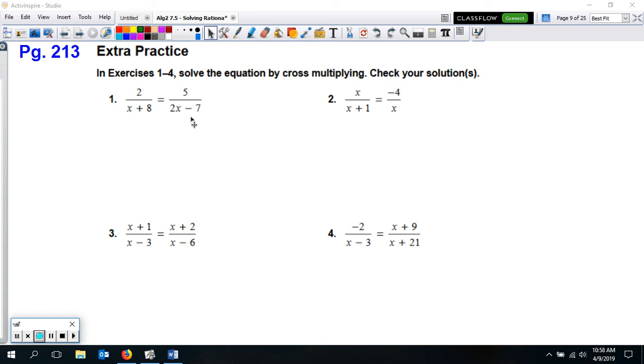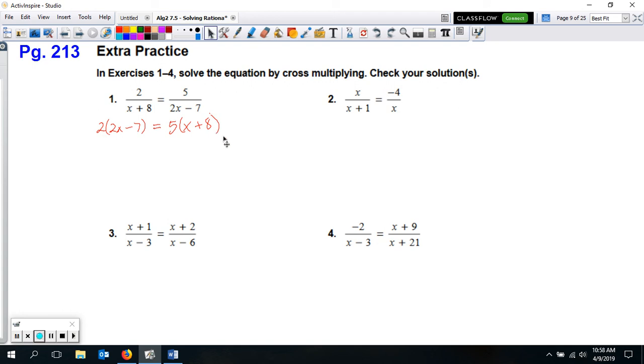Whenever we find a proportion, we want to just cross-multiply. So that means we multiply the 5 times this x plus 8, and the 2 times this 2x minus 7. On one side of the equal sign, we'll do it this way. It doesn't matter which way you start. So 2 times 2x minus 7 is over here, and on the other side we'll be doing 5 times the x plus 8. And now all we have to do here is distribute.